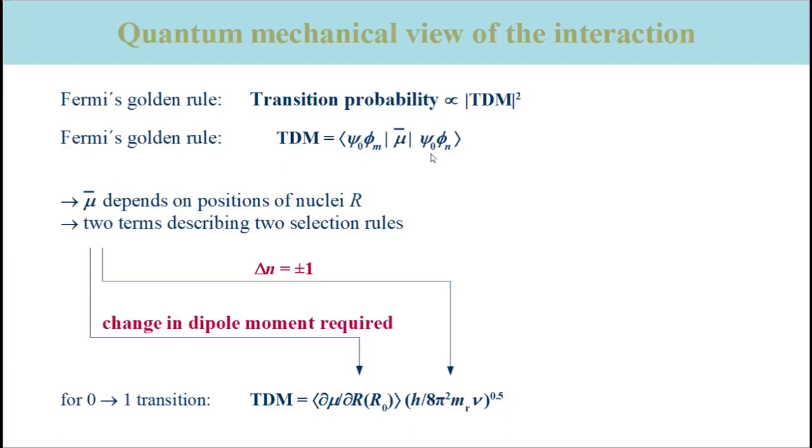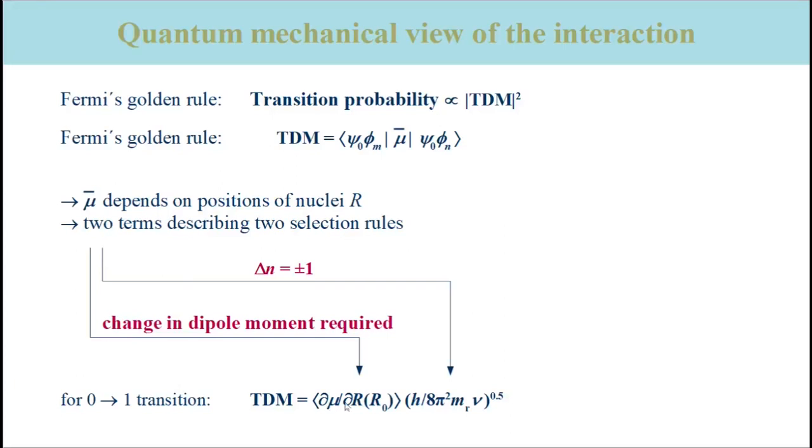Further calculation shows that this transition dipole moment is 0 when it is evaluated at fixed positions of the nuclei. But when we consider that the dipole moment operator changes when the nuclear positions change, the result is different from 0. Then the transition dipole moment can be factored into two terms that give rise to two selection rules of infrared spectroscopy.